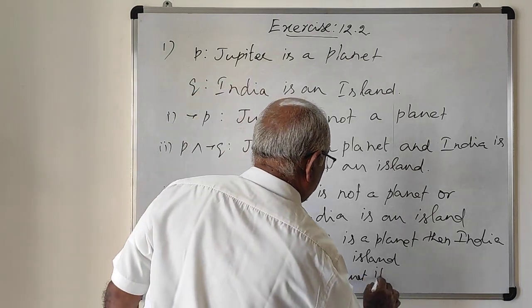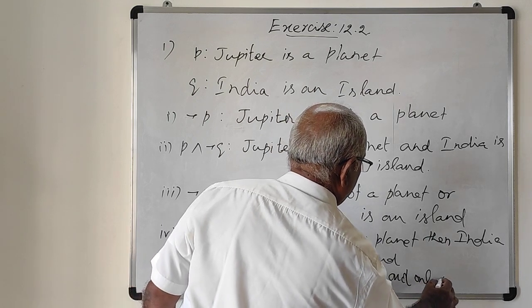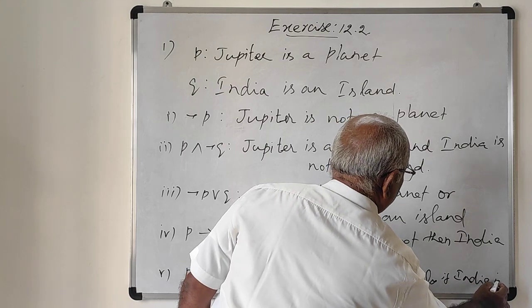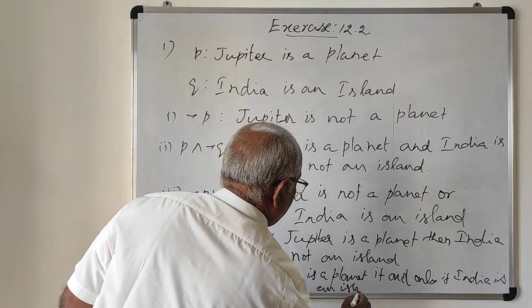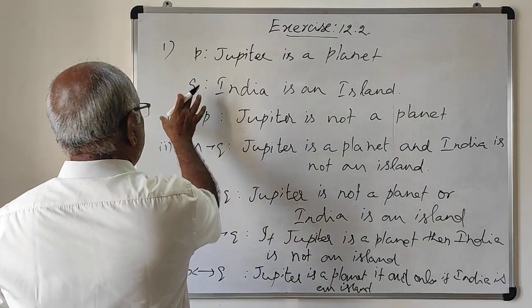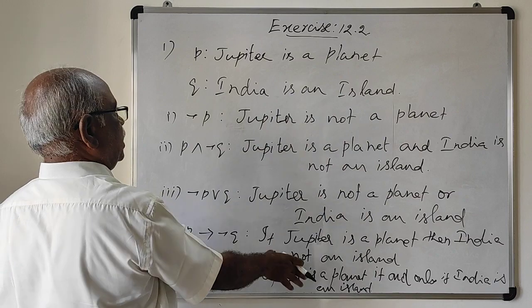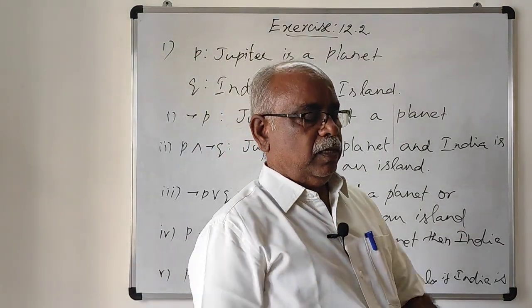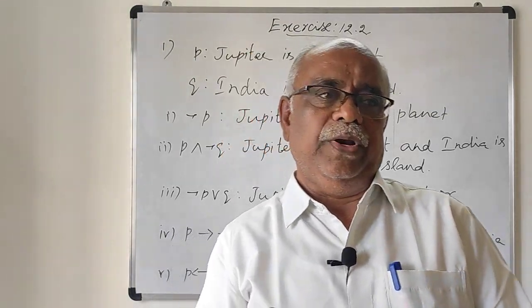That's all about the five statements. Using the symbols, we are expressing the statements given in P and Q. This is the first problem in the exercise. The further exercise problems you will see in the next video. Thank you.